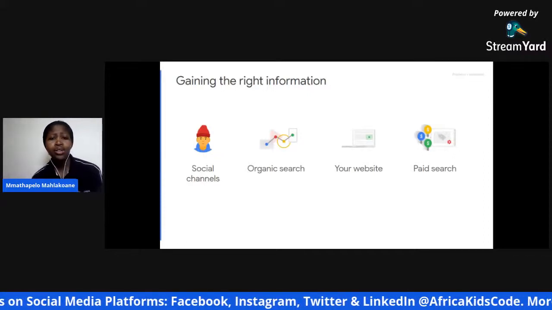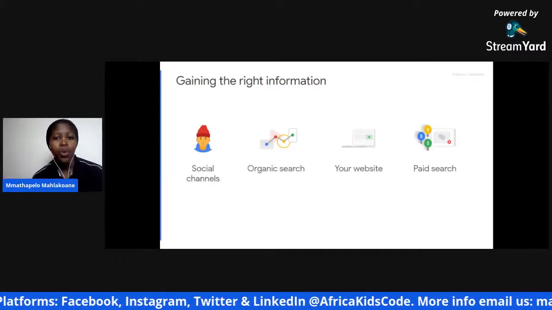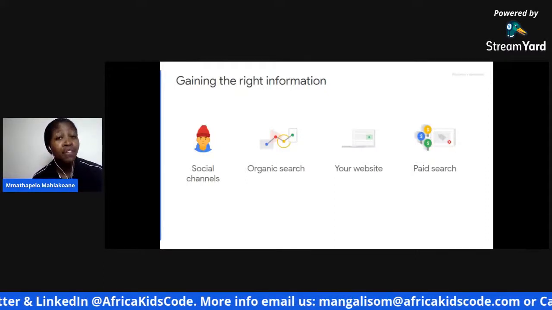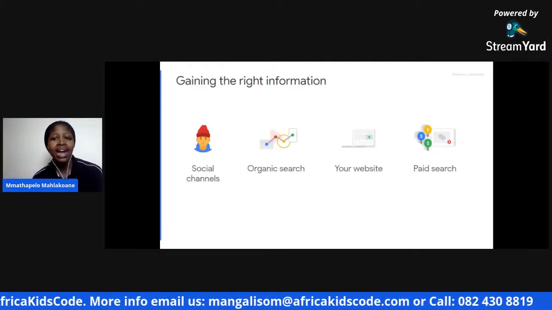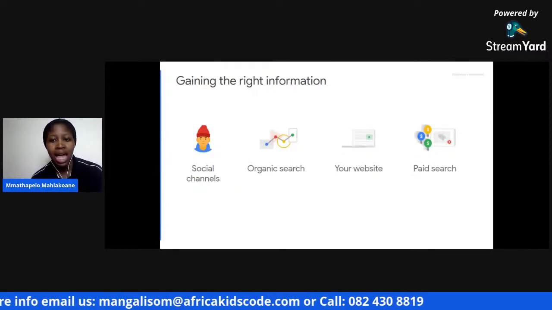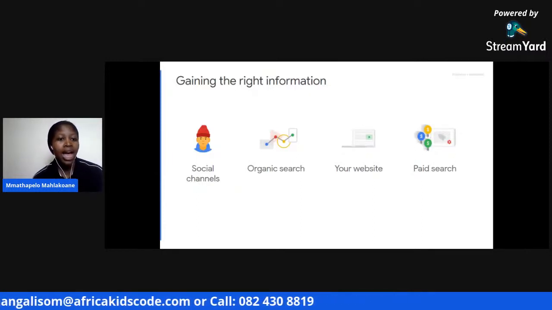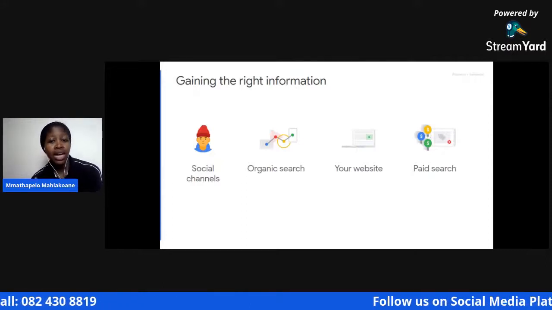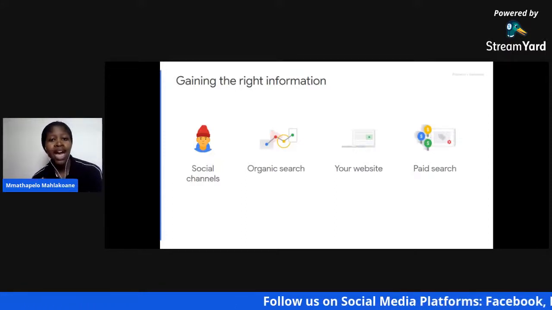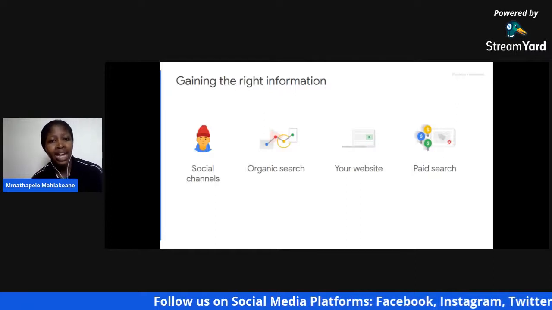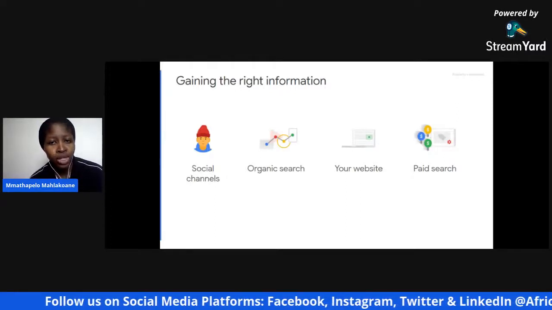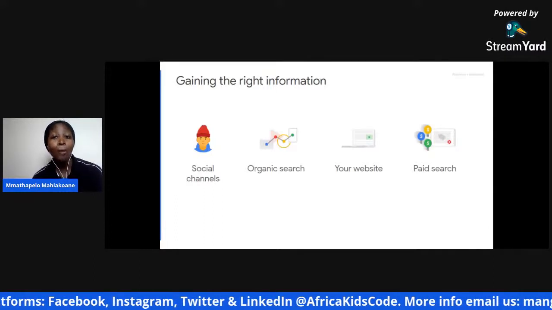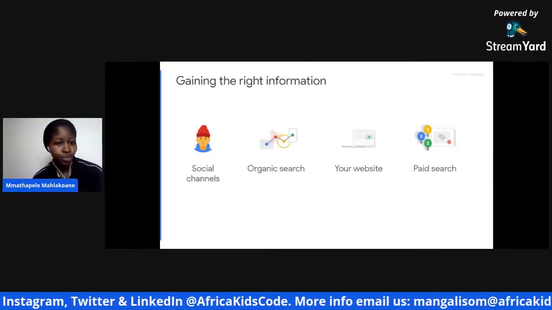Or are you using organic search, which identifies what customers are looking for and aligns with your business searches? Or are you using your website to reach those customers? Because a website will identify which pages have the most views and which cause users to disengage or bounce off.